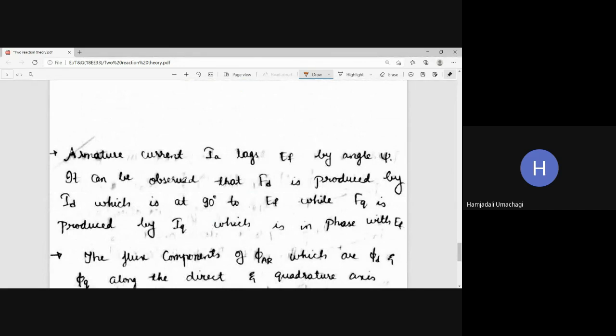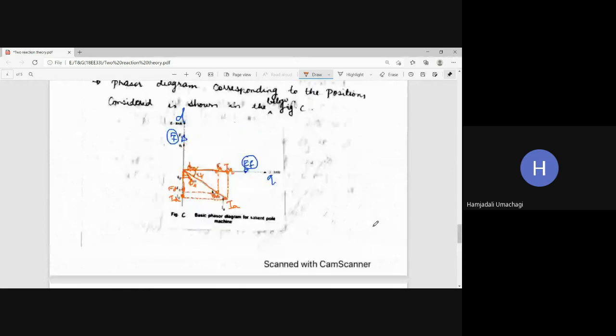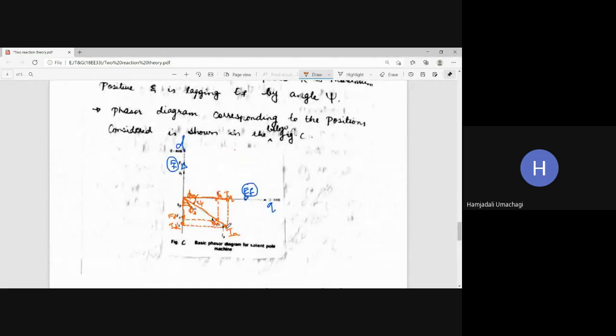It can be observed that FD is produced by ID. Yes or no? This armature field, the demagnetizing component, the armature component which is along the direct axis, is produced because of the armature current acting along ID, which is at 90 degrees to EF, while FQ is produced because of current IQ, which is in phase with EF. So here we have represented all the values. IA current is divided into two components, ID and IQ.